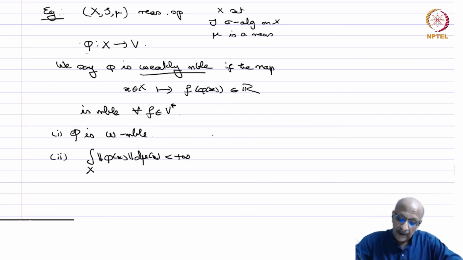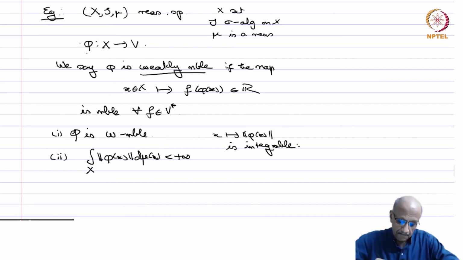So the mapping x going to norm phi of x is a real valued function, is integrable. And three, V is reflexive.